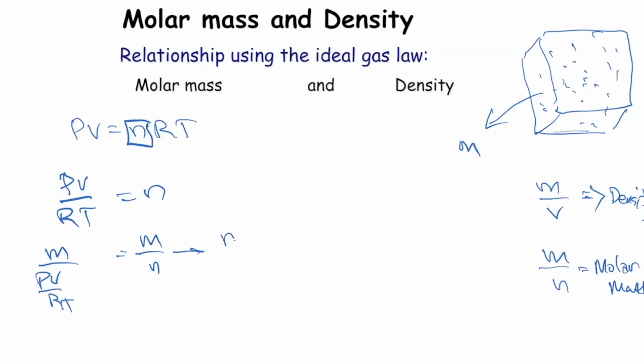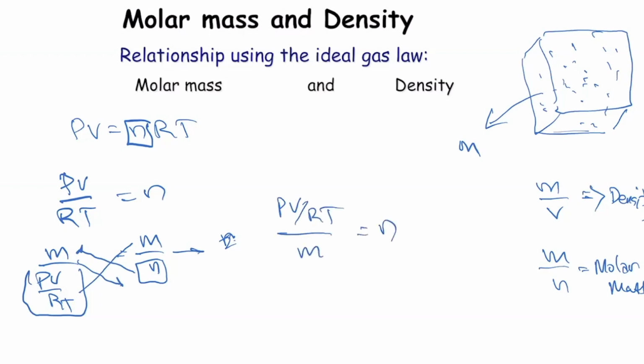What we can do is solve for the molar mass, grams per mole. When we do that, I put this upstairs, put this downstairs, and that gives M over PV over RT.